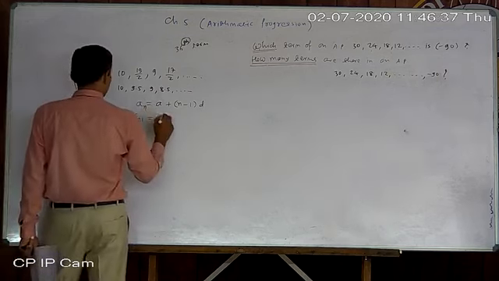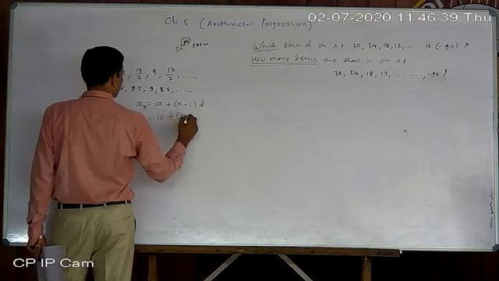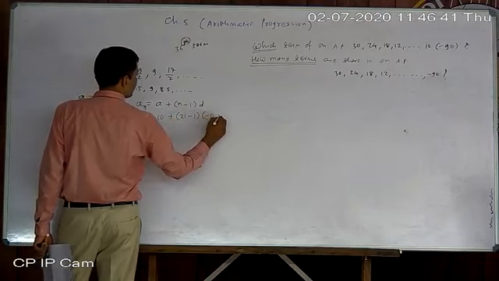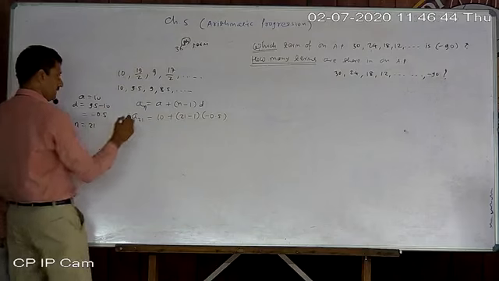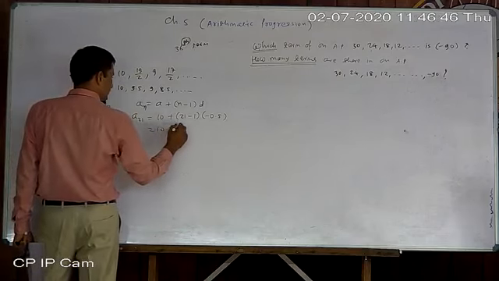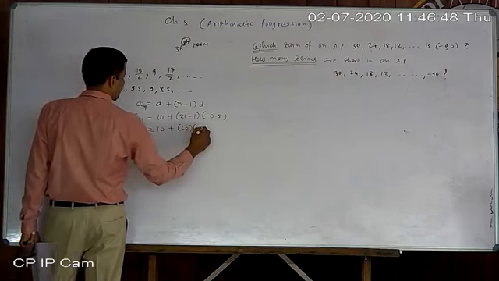So A is 10, N is 21 minus 1, D is minus 0.5, be careful, in brackets only. So it is equal to 10 plus 20 times minus 0.5.